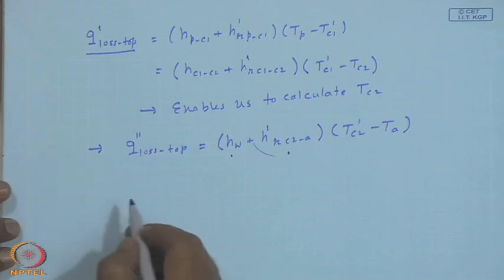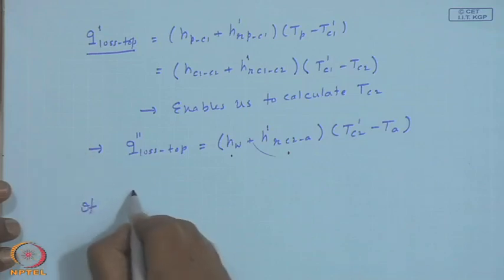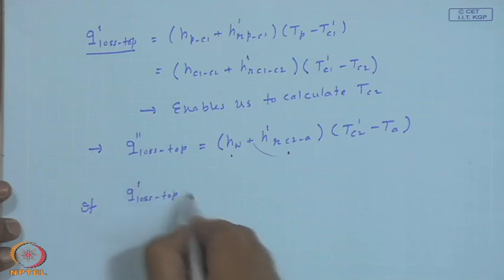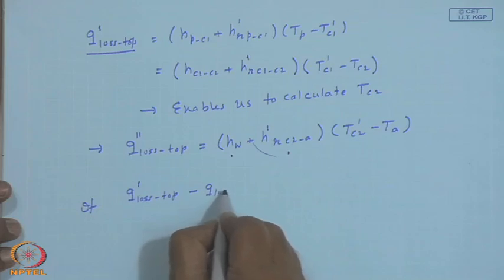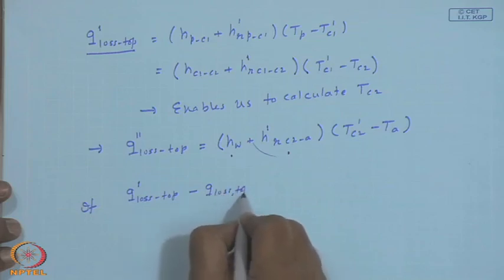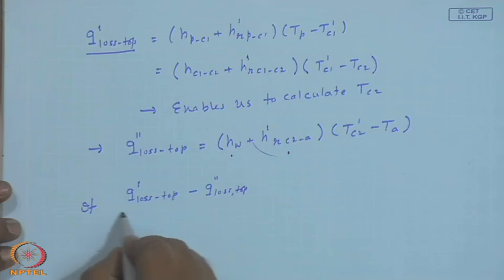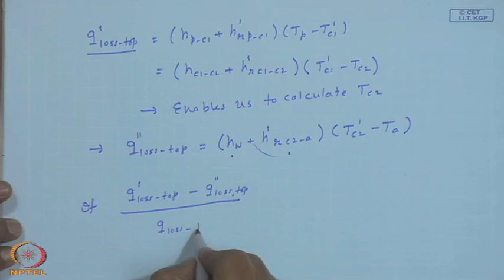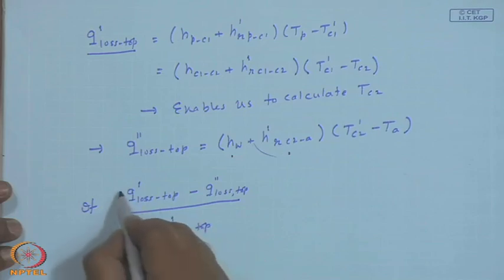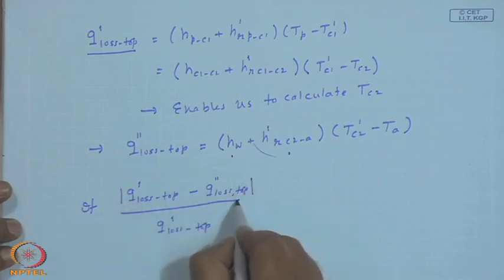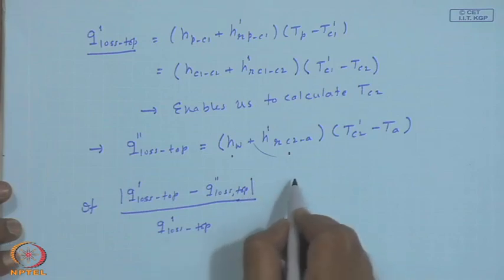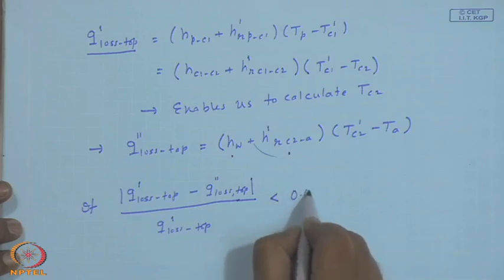So, I compare these two, and if we have Q loss top 1 minus Q loss top 2, by any one of them, in fact, it does not matter when they converge. Here I put a modulus sign, so that we really do not know whether Q loss top 2 is higher or less, but our idea is that this should be less than 0.05.